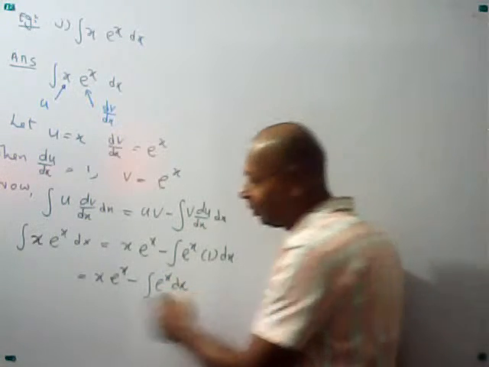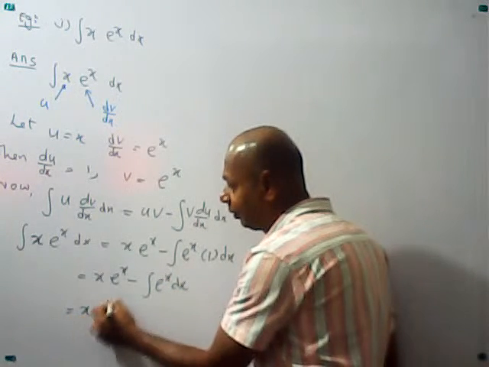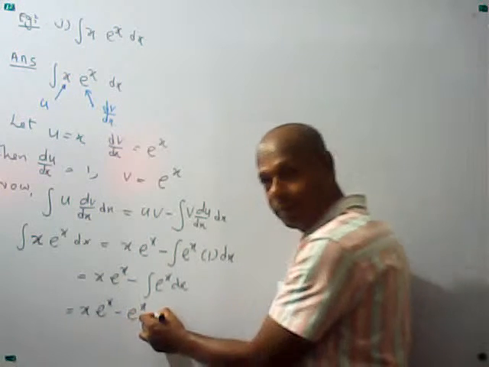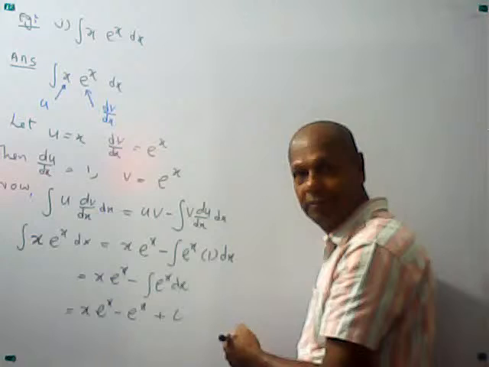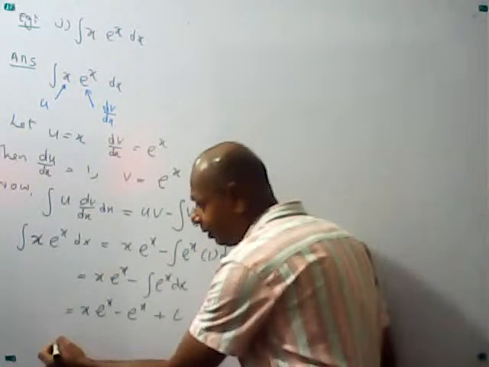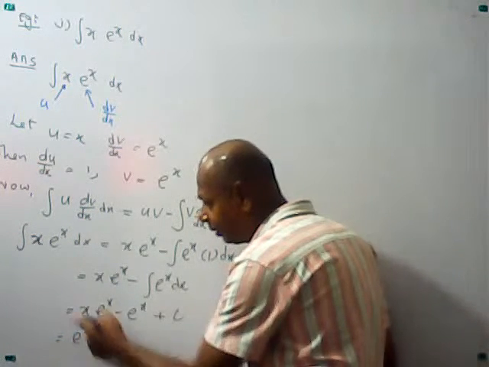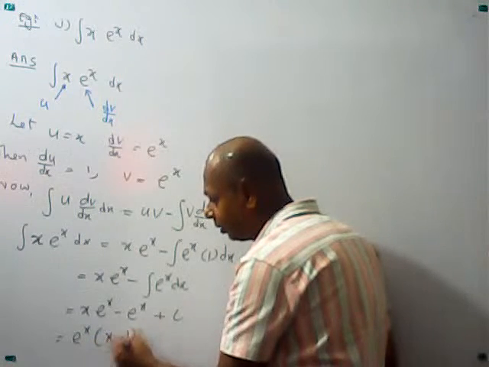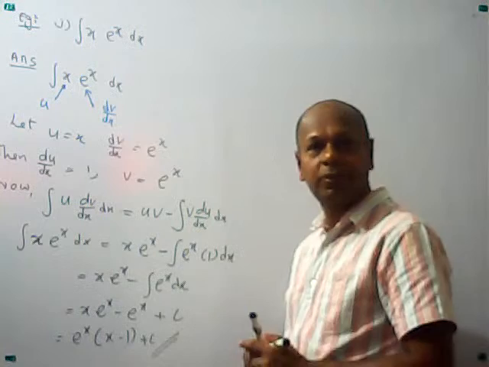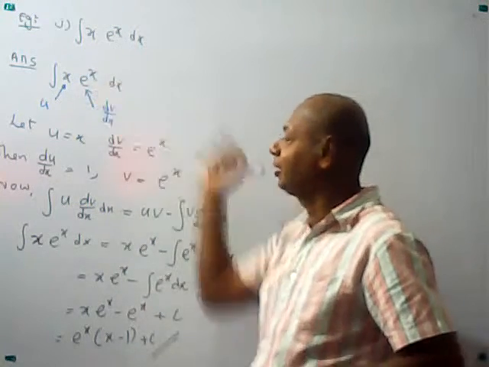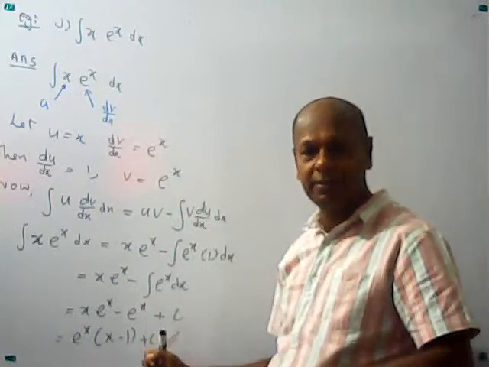Integrating this, you get only e^x, and here we write plus c. So that's the answer. Simplifying a bit, taking e^x out, e^x (x minus 1) plus c. Finally, that's the answer. So to integrate this, we can use the formula and get the answer.